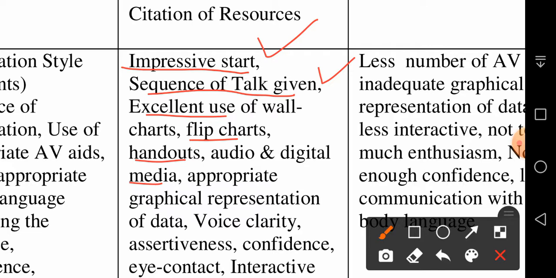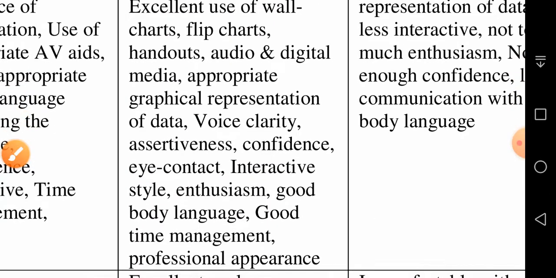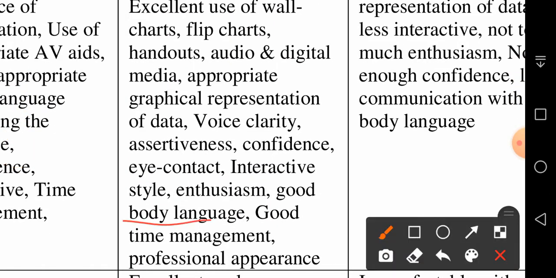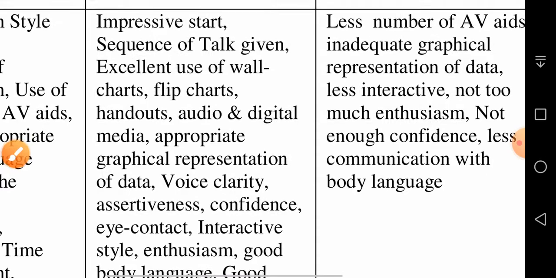Graphical representation of data, vocal voice clarity, assertiveness, confidence, eye contact, and interactive style, enthusiasm, good body language, good time management, professional appearance, etc. So these are the points we are going to evaluate.